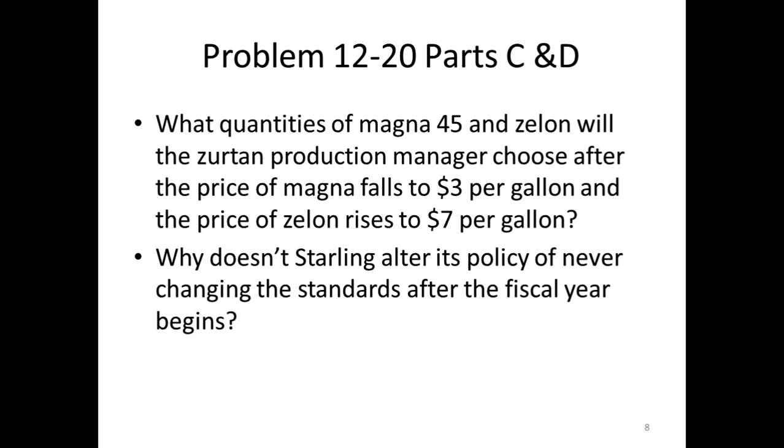Currently, because the quantity standards are not altered to reflect a change in the mix, the manager producing Zerton would try as much as possible to adhere to the quantity standards that were established at the beginning of the year and not alter it, because they're penalized if they alter it by producing an unfavorable quantity variance.